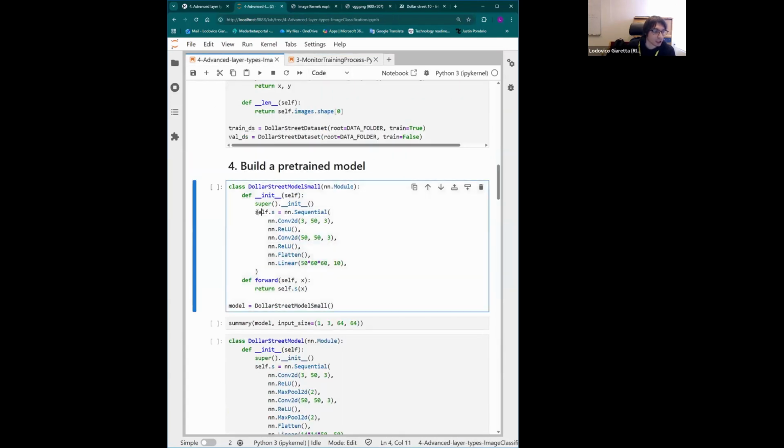By using this sequential approach, we avoid having to do that. We define them here in the correct order with already the activation also set up. And then our forward statement becomes easier because the sequential class will take care of calling each layer one after the other.